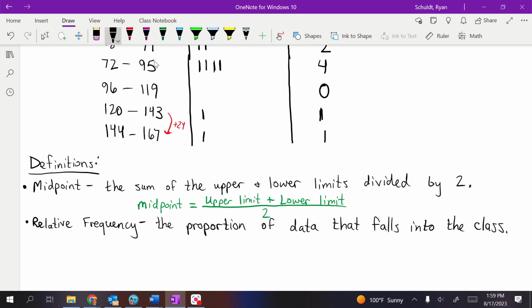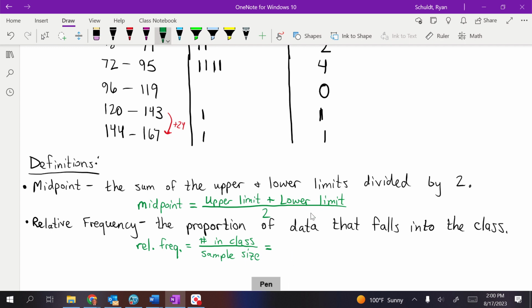So again, if you're a formula person and you want a formula for this, relative frequency is equal to the number in the class over the sample size. Or another way you could see this is X over F. Actually, I said that wrong.